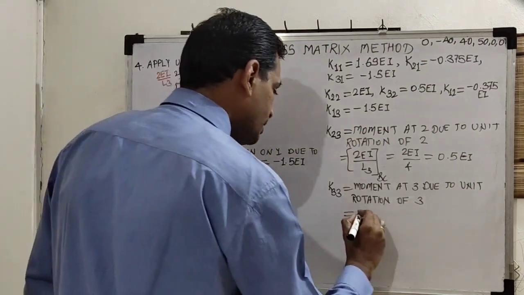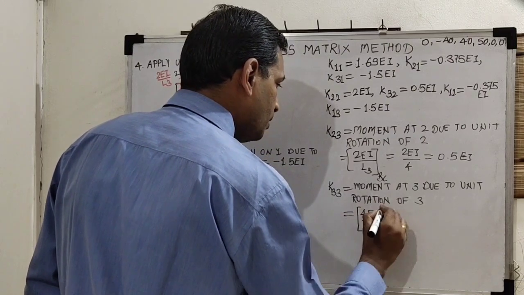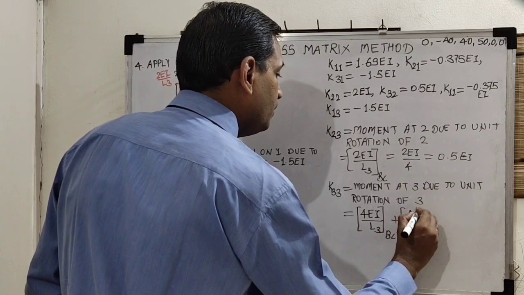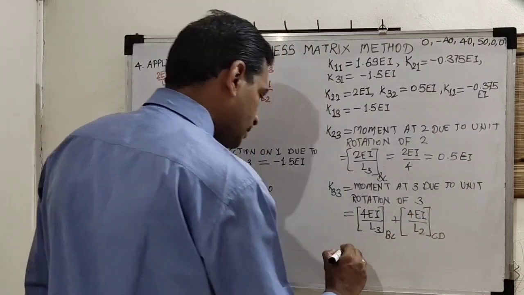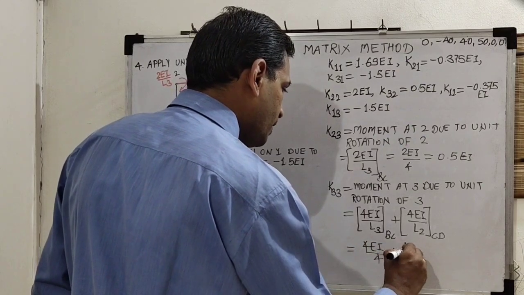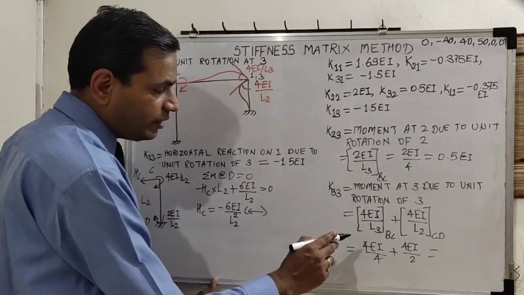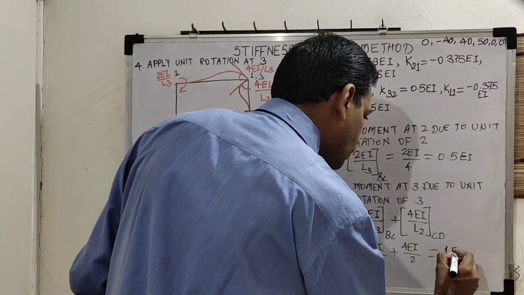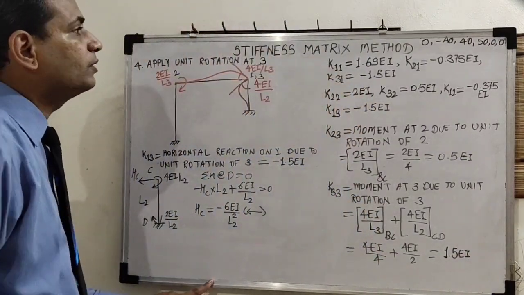So 4EI by L3 for span BC, and 4EI by L2 for span CD. Substitute one by one. So 4EI by 4 plus 4EI by 2. 4EI by 4 is 1, 4EI by 2 is 0.5. So 1.5 EI total.